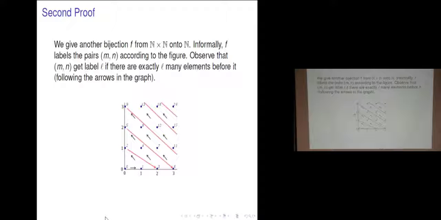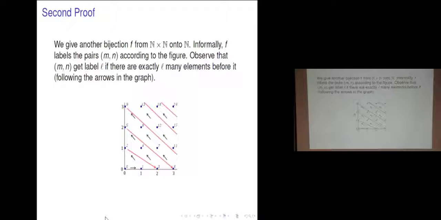So this is my starting point. And then I move to this point, 1. Then follow the arrow, I move to this point. This point is (0, 1), right?